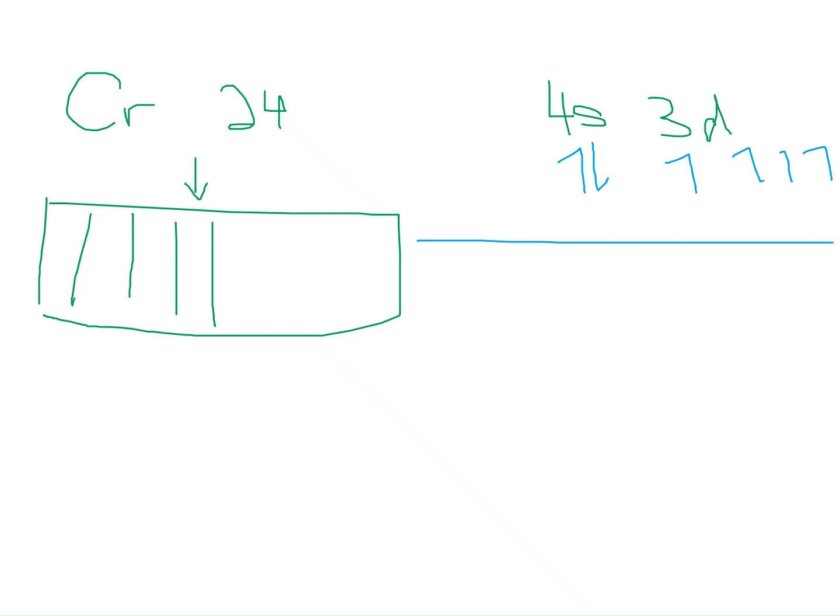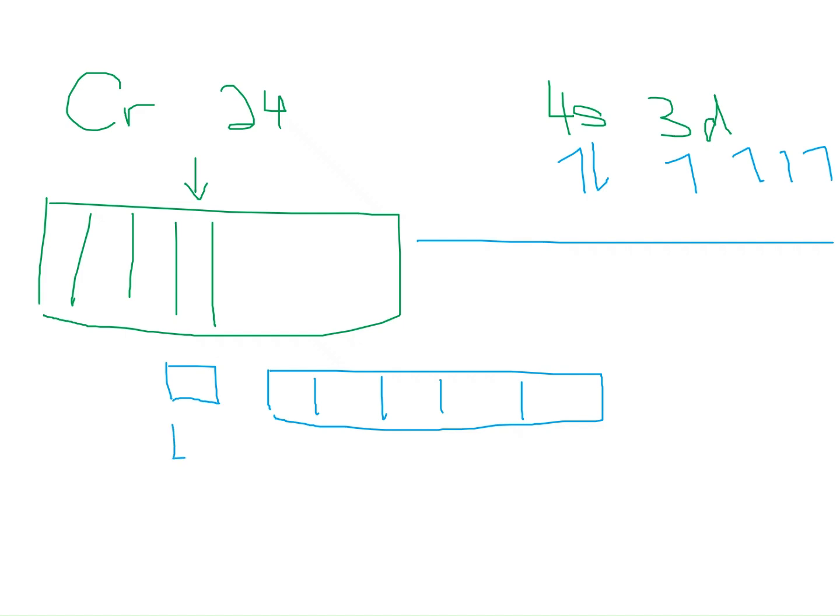Let's revise this again. We know that 4s has 1 room. The d orbital will have 5 rooms, so the d orbital has 5 sublevels, 5 rooms. Every room will be filled with a maximum of 2 electrons.